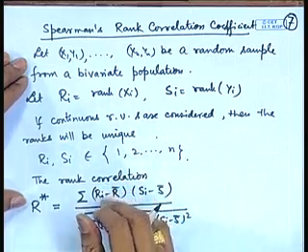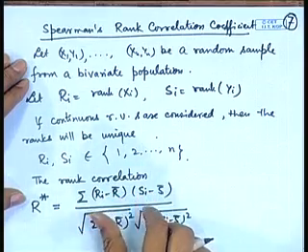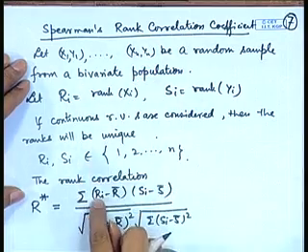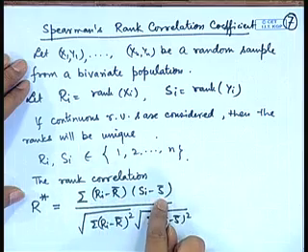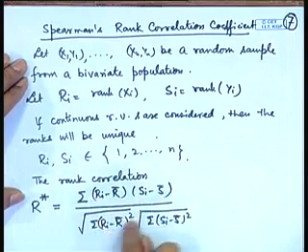So, basically what we are doing, in place of Xi and Yi's we are using Ri's and Si's. So, from the same set of data, in place of using the numerical values or numerical measurements corresponding to X and Y random variables, now we are making use of their ranks.